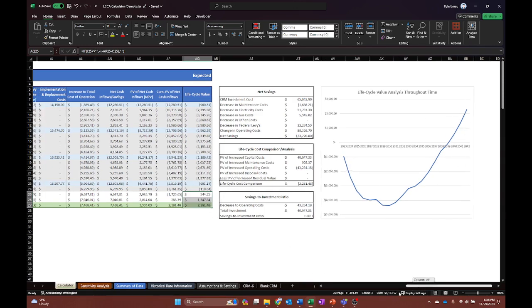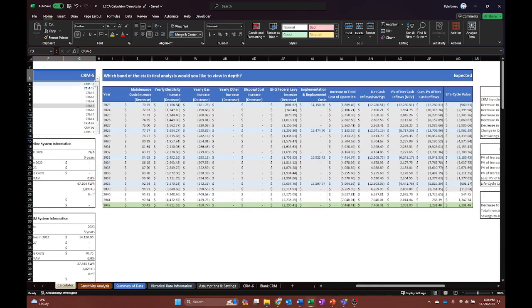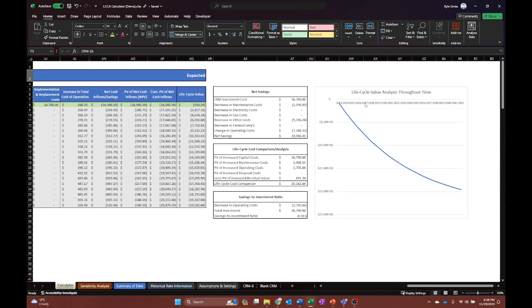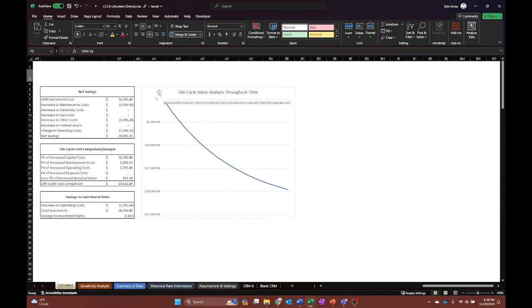So, for instance, with some CRMs, if I could find one that doesn't have a very good one, something like this, right? This is essentially showing us that if we were really drawing this out for a certain amount of time, we could expect the bottom of this parabola to be about here.